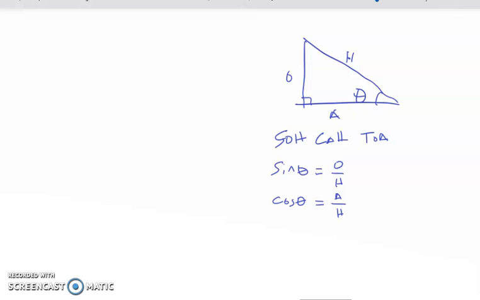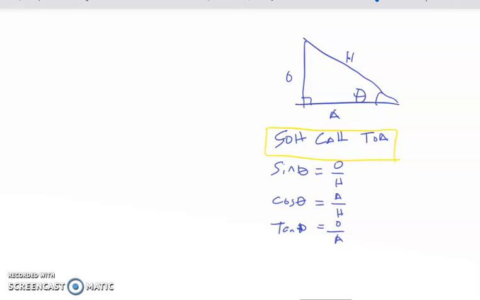TOA means that tangent theta is equal to opposite over adjacent. You should remember this basic trigonometry so that it can be applied when we want to calculate the vector of our voltage, current, and whatsoever in our calculations to come.